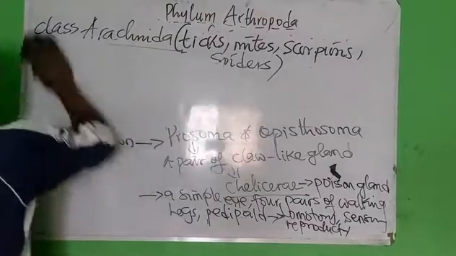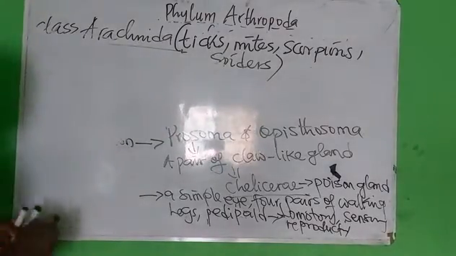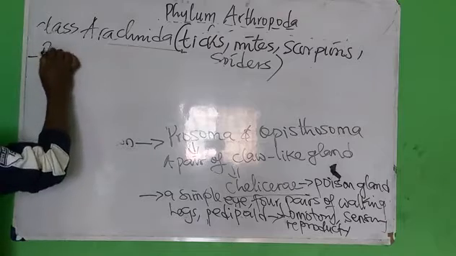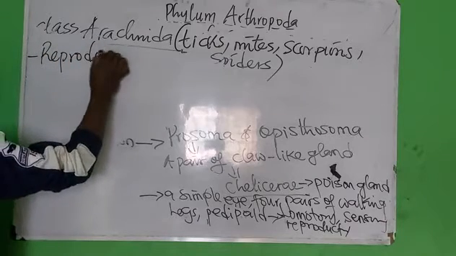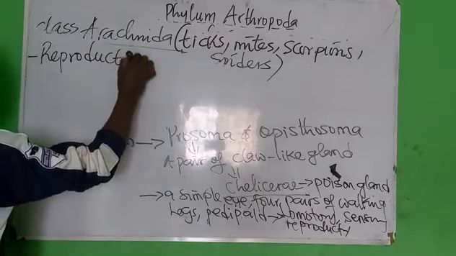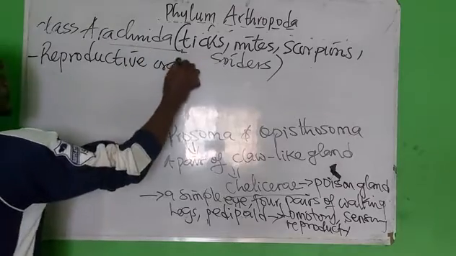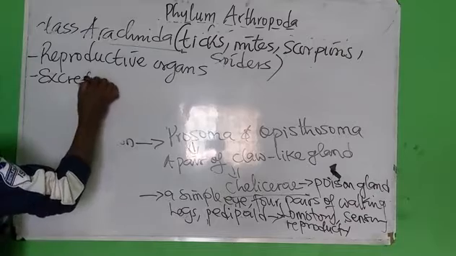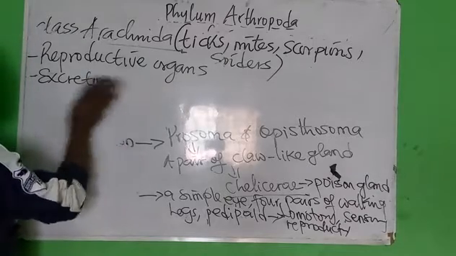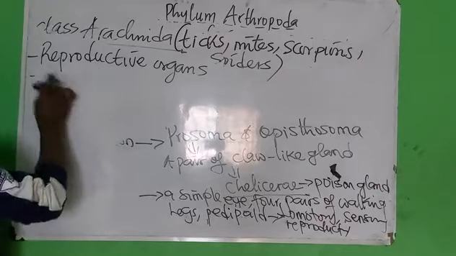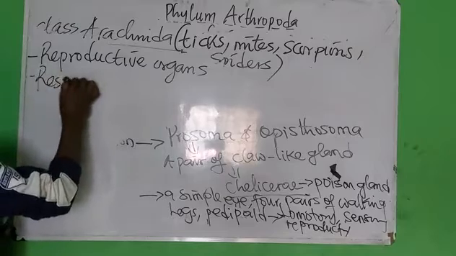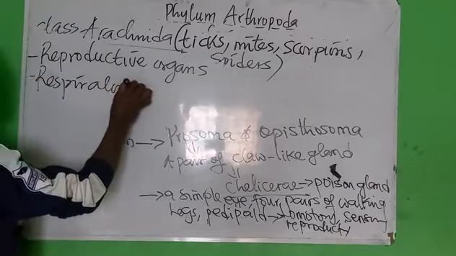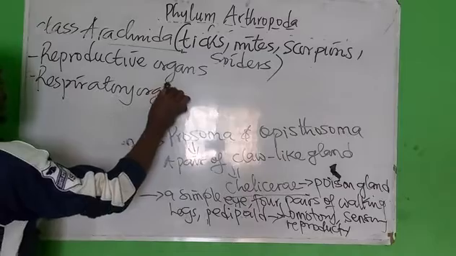Now, in the opisthosomal region, that is where you have the reproductive organs and the respiratory organs.